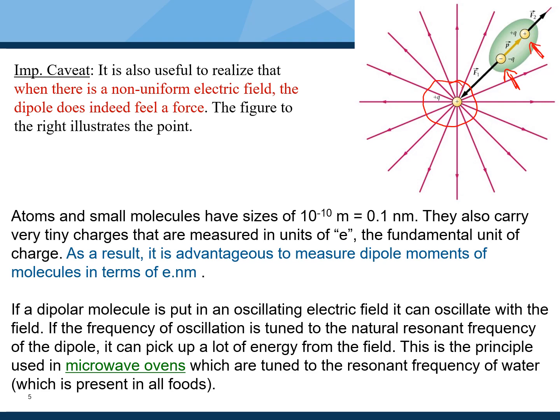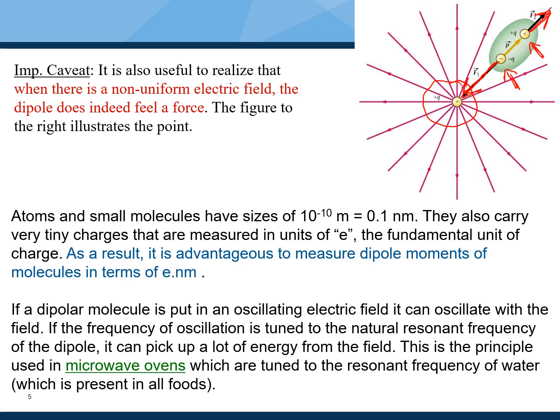Because the electric field is stronger at the negative charge in this figure, we have a stronger force acting in this direction on the negative charge, and a weaker force acting in the opposite direction on the positive charge.